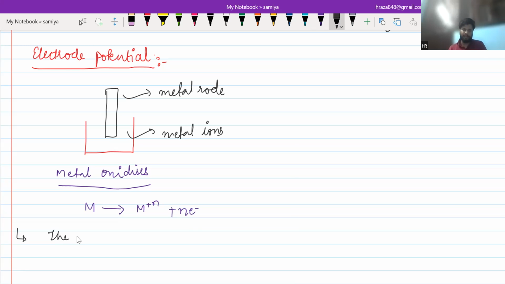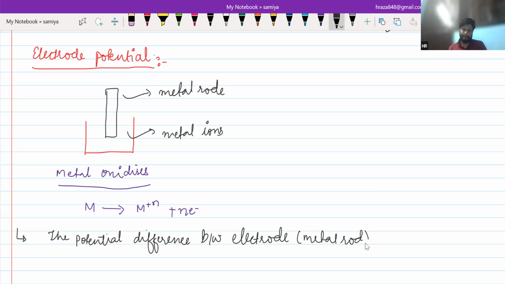So basically the potential difference between the electrode that is made up of the metal rod, or you can call it the metal rod, and its ions under equilibrium is called electrode potential.